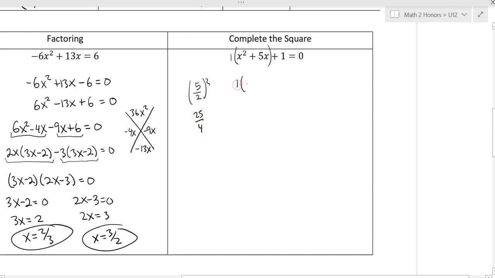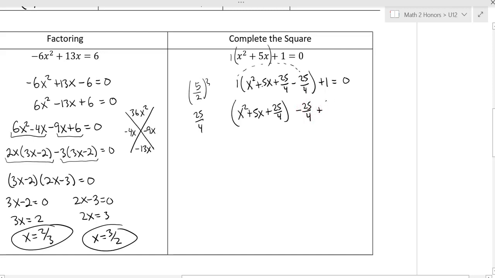So I'm going to write x squared plus 5x plus 25 over 4 minus 25 over 4, all in the parentheses, plus 1, is equal to 0. Then I'm going to multiply the 1 in front, the a, times our fourth term in the parentheses, and get x squared plus 5x plus 25 over 4 in parentheses minus 25 over 4 plus 1.